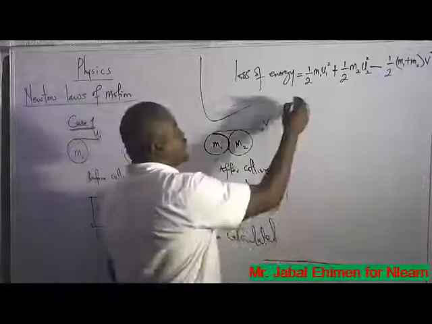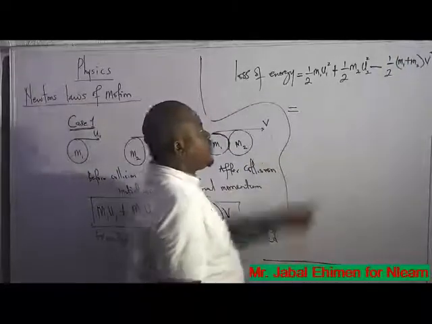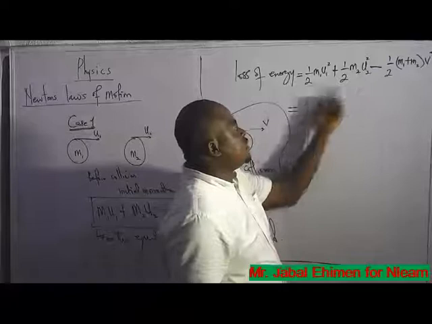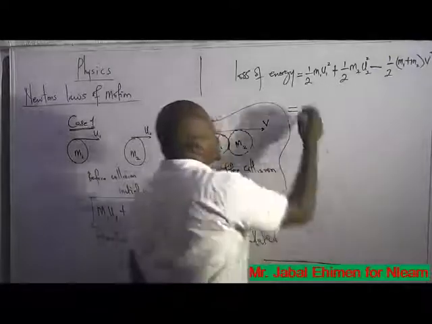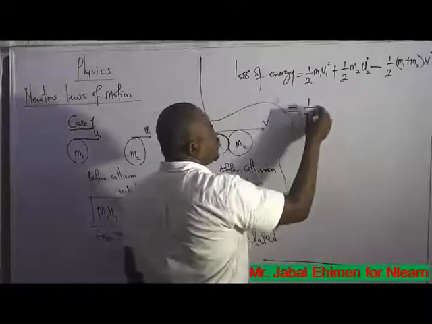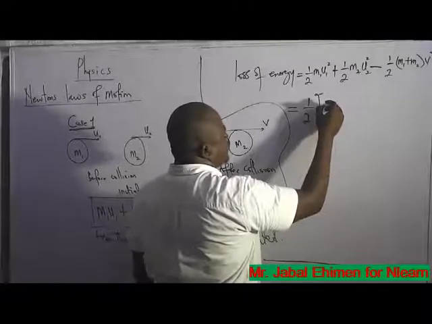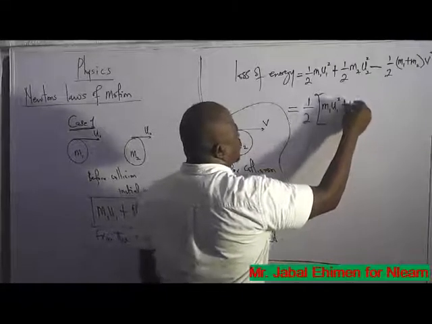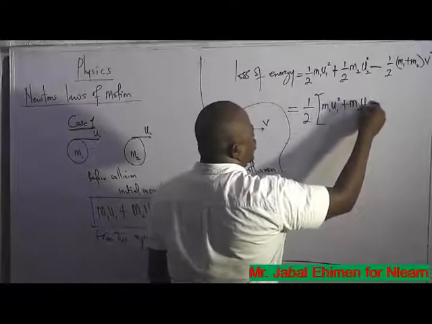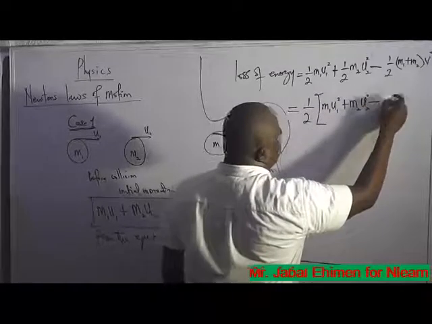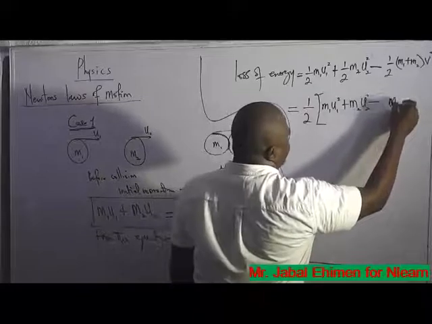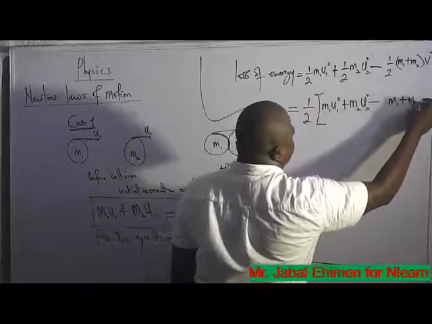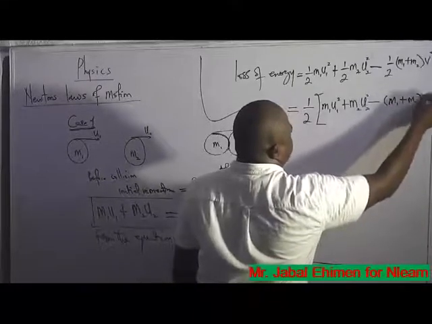So that gives us something of this nature. What is common between these two? What is common is 1 over 2 into bracket m1 u1 squared plus m2 u2 squared minus m1 plus m2 v squared.